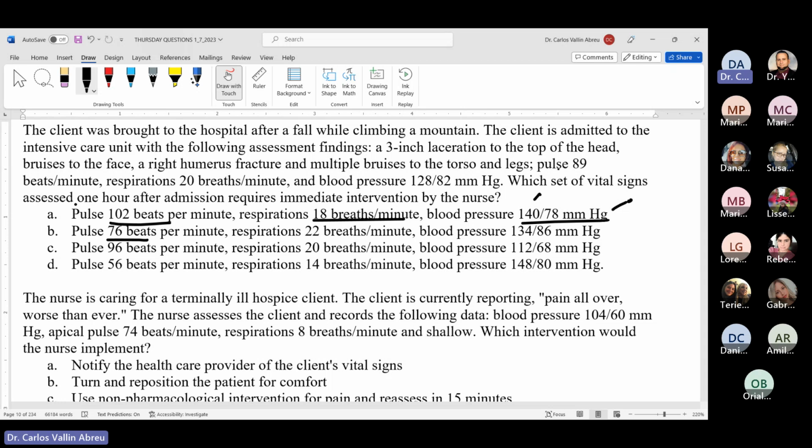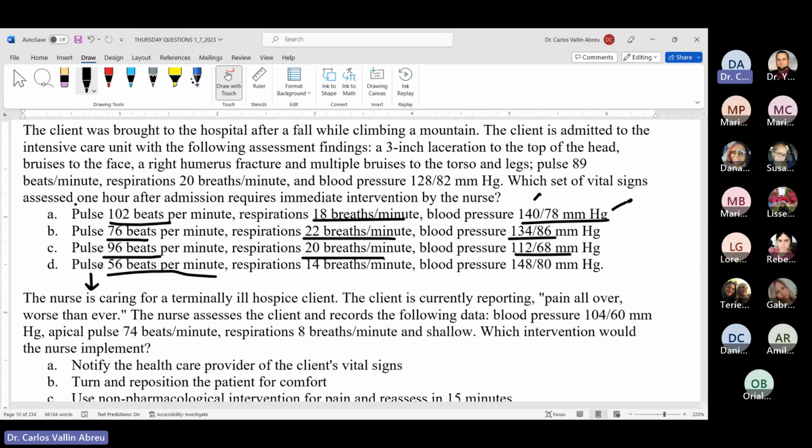Pulse 76, so a drop of the heart rate from 89 to 76. Respiration 22 increases, and blood pressure is more or less the same, a little higher. Pulse 96 increases. Respiration 20, blood pressure 112/68. Pulse 56, a significant drop of the heart rate, no?